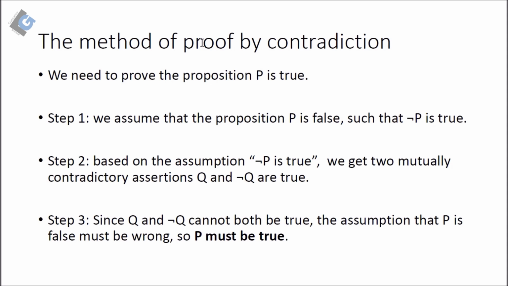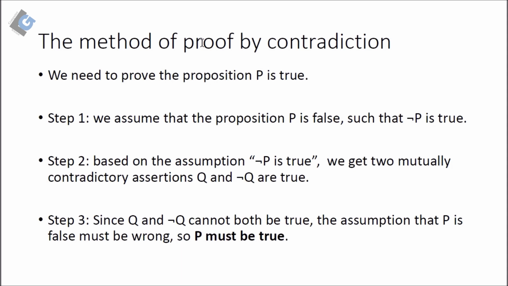Then based on this assumption, you get two mutually contradictory assertions, which is both proposition Q and not Q are true.